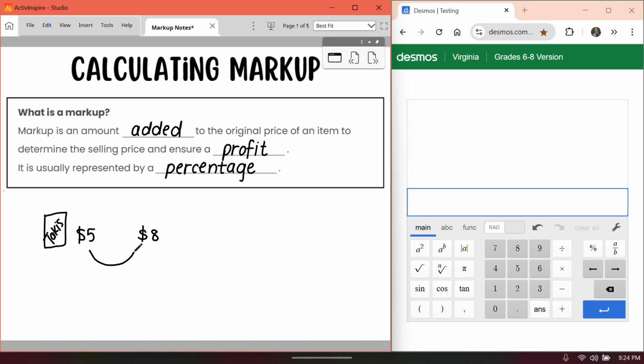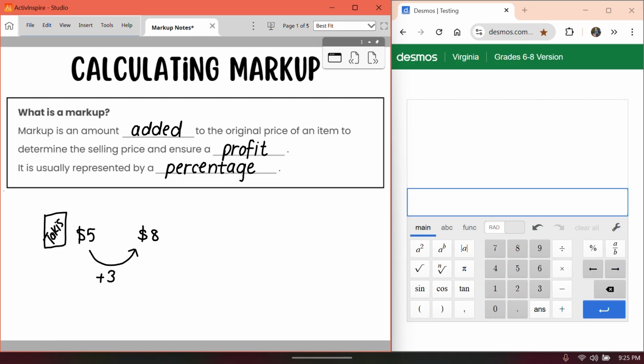And that amount that you added onto the price of the Takis, that's a markup. All right? That's how you make a profit. Because if you sold the Takis to your friend for $5, you make zero profit. And if you sell the Takis to your friend for less than $5, you're losing money. So be a good businesswoman or a good businessman and make sure you always add a markup when you're reselling things.